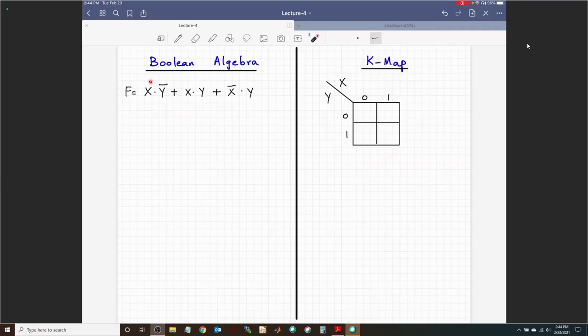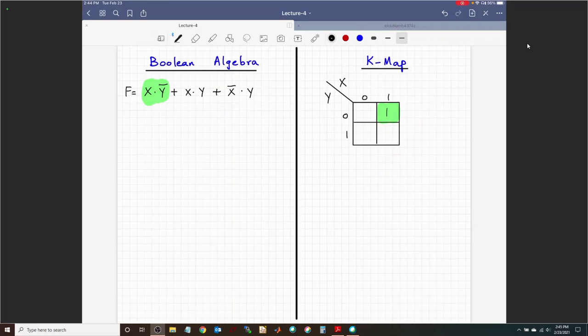So the first term over here, let me highlight that in green, for example. X and y complement, that essentially means that there is a 1 in the cell where x is 1 and y is 0. So where would that be? X is 1 and y is 0 would be right here. So that goes to a 1 because of that particular product term.